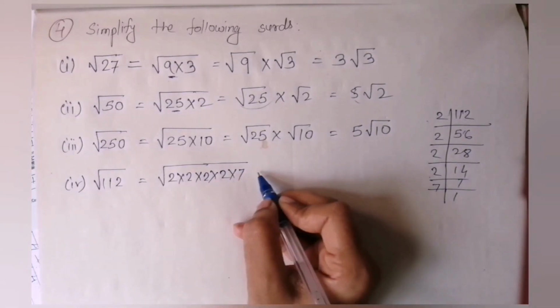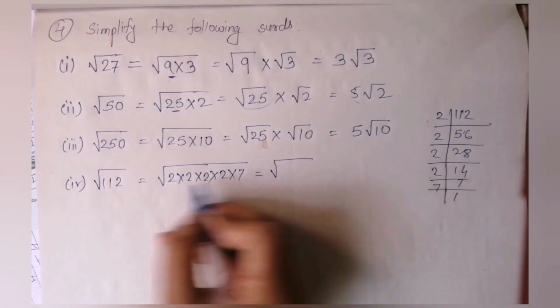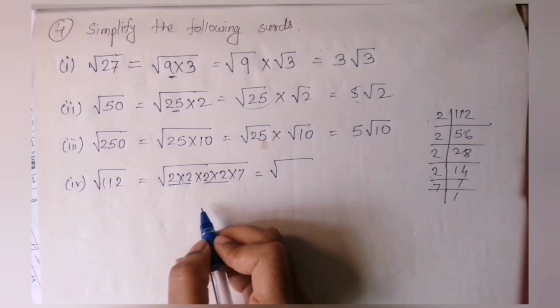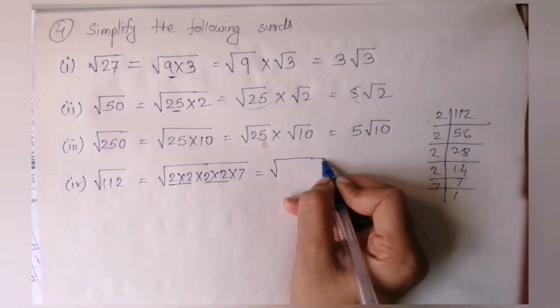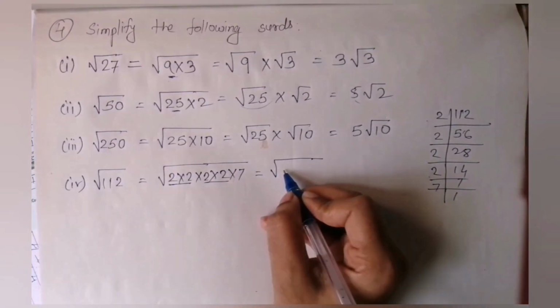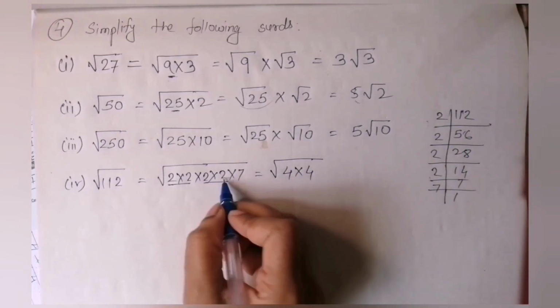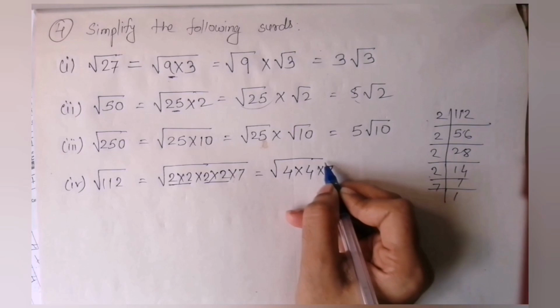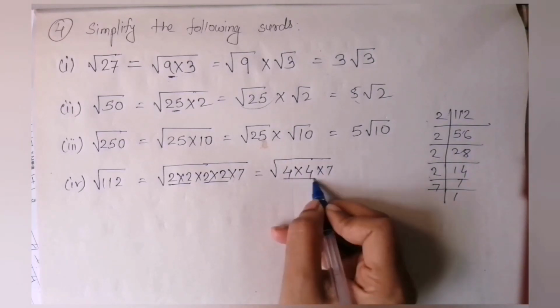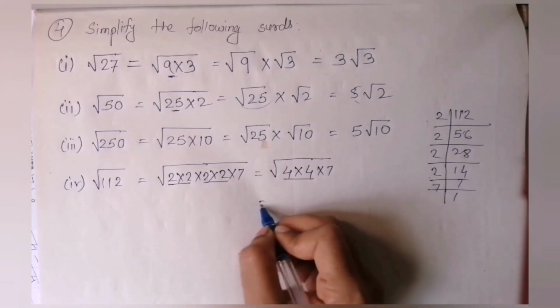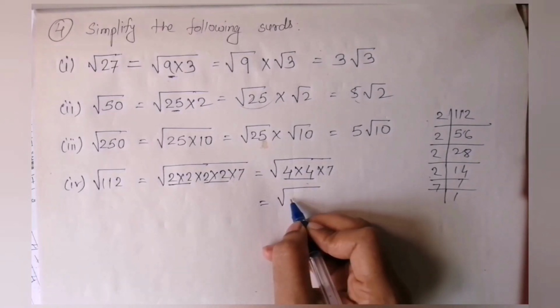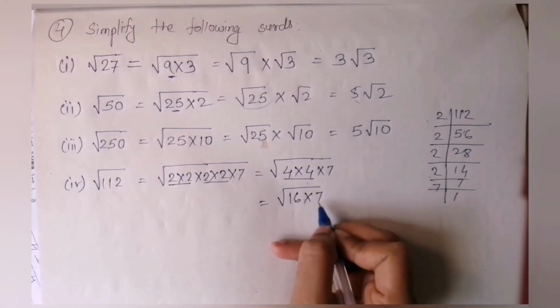Now the next one. What is that? So first make a pair. This first pair, this first pair, right? So write down here. There is a 2, means there is a 4, and this is 4, right? 4 4. And this is multiply 7, right? Now again you make a pair here. So what you get? 4 4s are 16 and there is a 7. Clear?